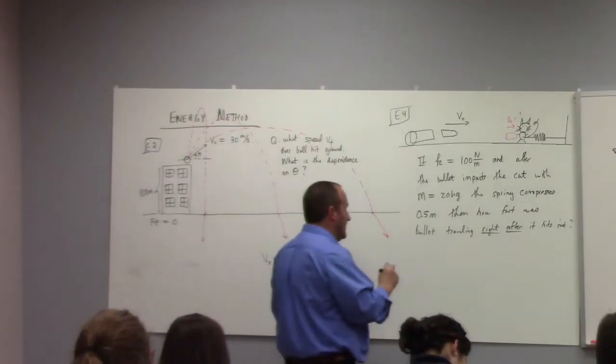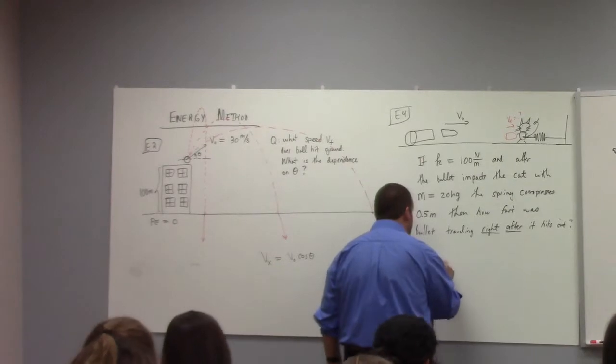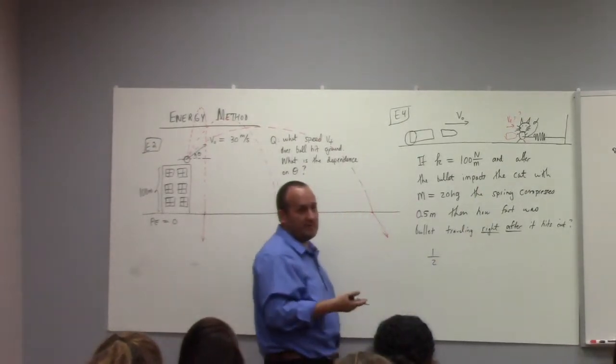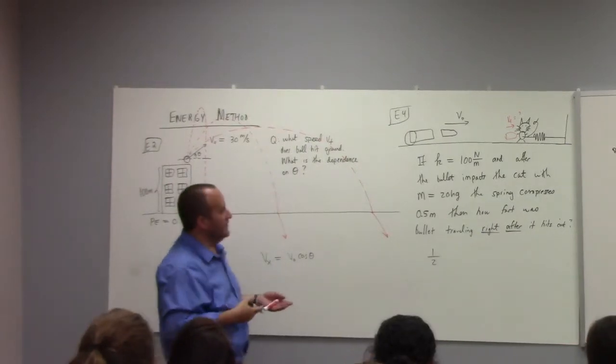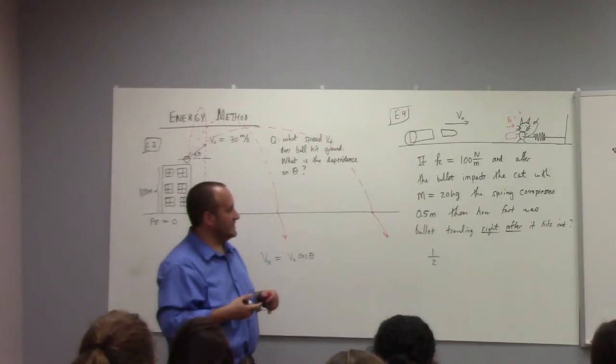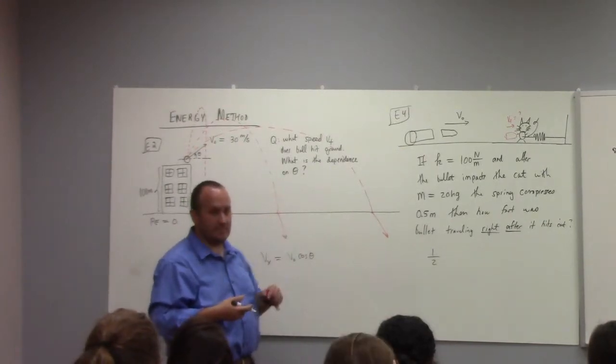And it makes sense in the following sense. So we have 1/2, and by the way, the spring is assumed to be massless. I'm just assuming that the spring is essentially massless, or its mass is much smaller than 20 kilograms, okay? So most of the mass is the cat, all right?